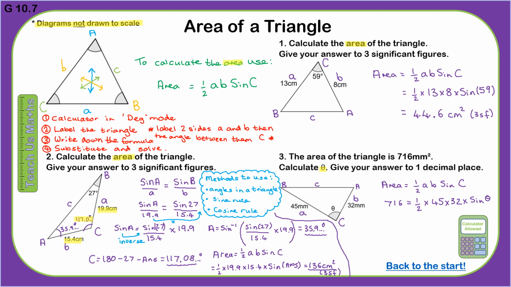So now I have to solve to find theta. So the first thing I can do is divide both sides of my equation by all of 1/2 multiplied by 45 multiplied by 32. So this gives me that sine theta is equal to 716 over all of 1/2 times 45 times 32.